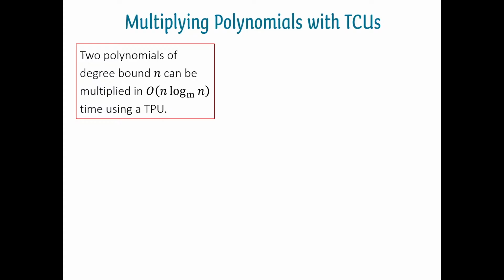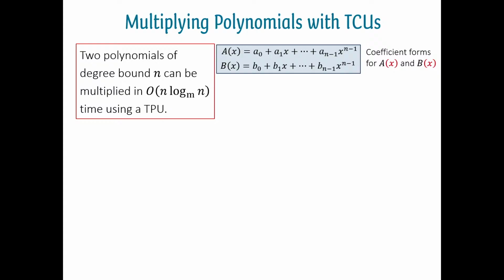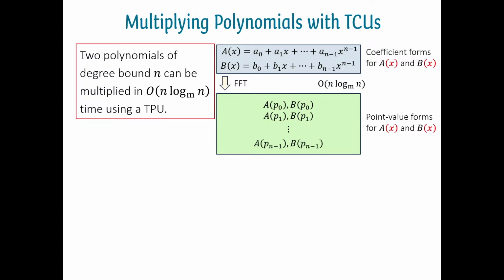So you have these two polynomials that you want to multiply, each of degree bound n, both in coefficient form. You can take the FFT of both, and then you are really evaluating each polynomial at n different points, at the roots of unity.